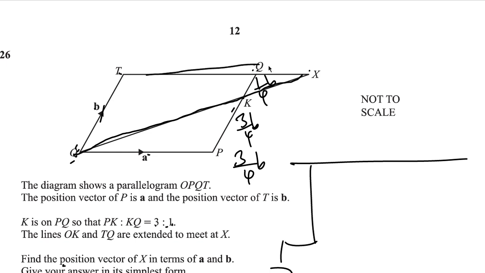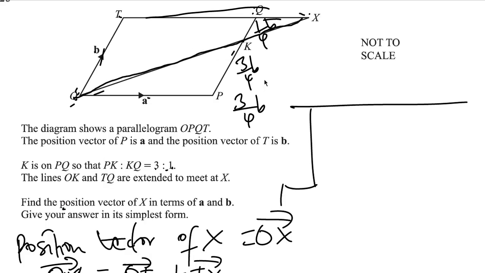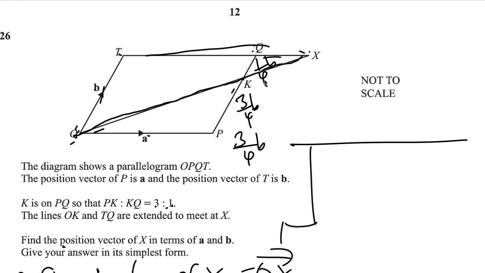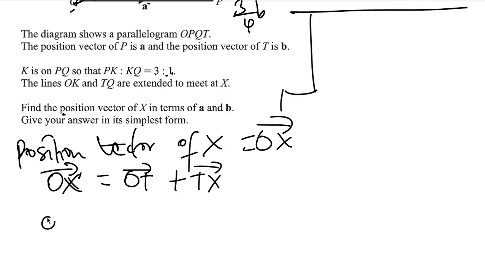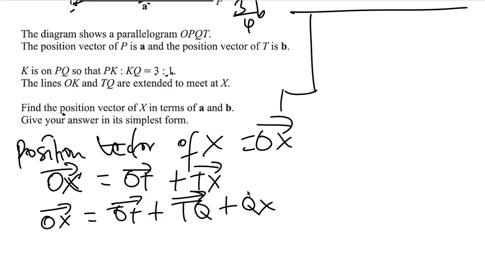OT plus TX is going to cover this entire OX. TX is also equal to TQ plus QX, right? So we could then rewrite that as OX equals OT plus TQ plus QX.